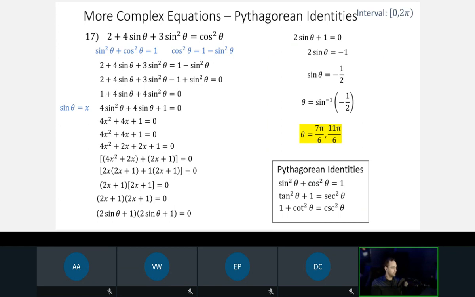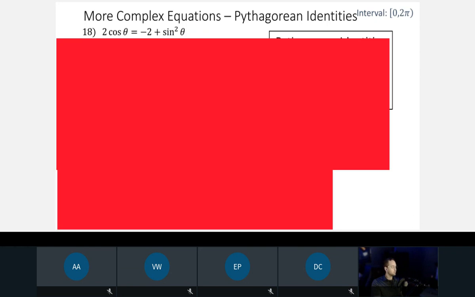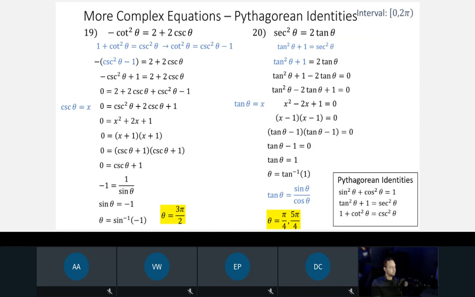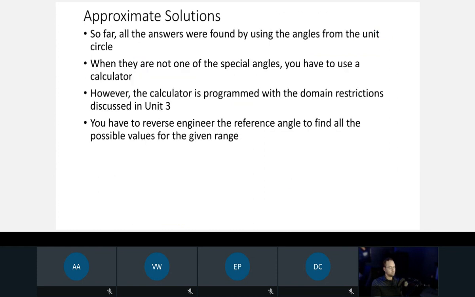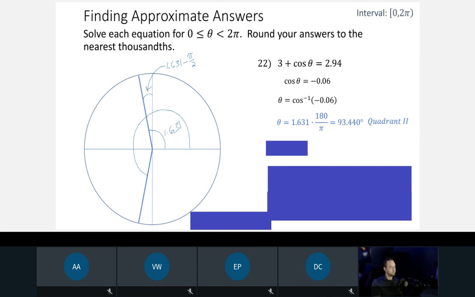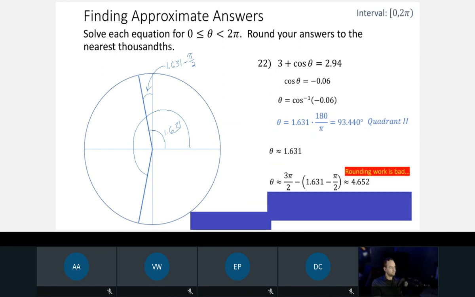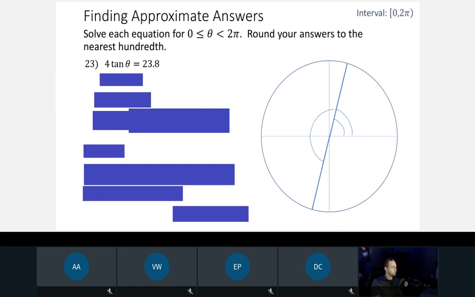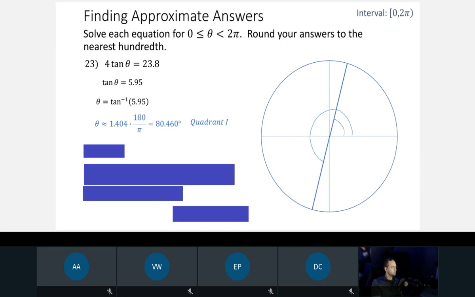That's a long one. Yikes. 19 and 20. 23. 24. Oh my gosh.